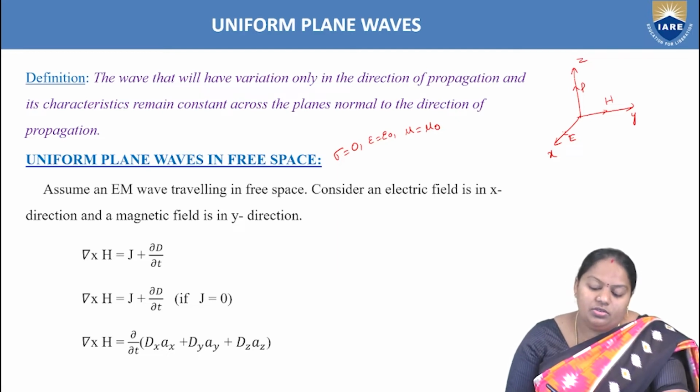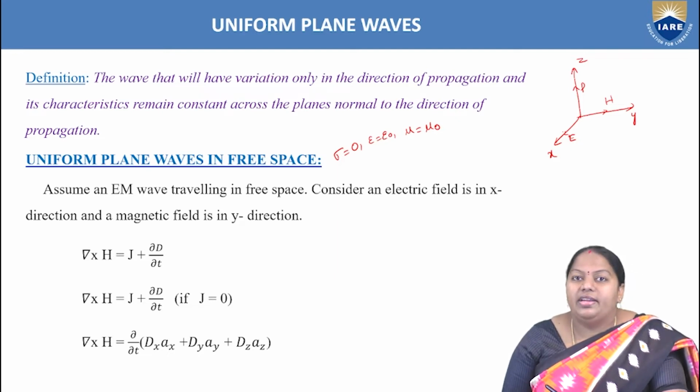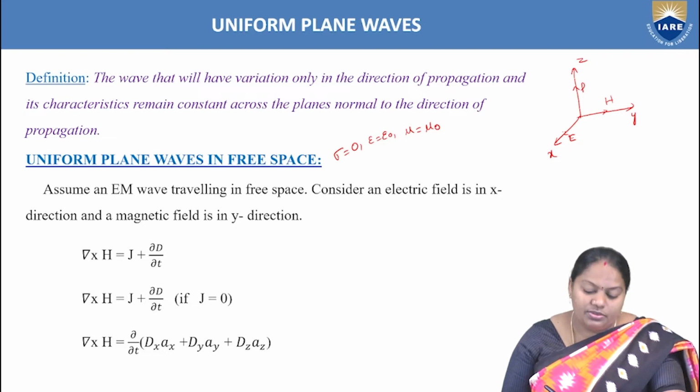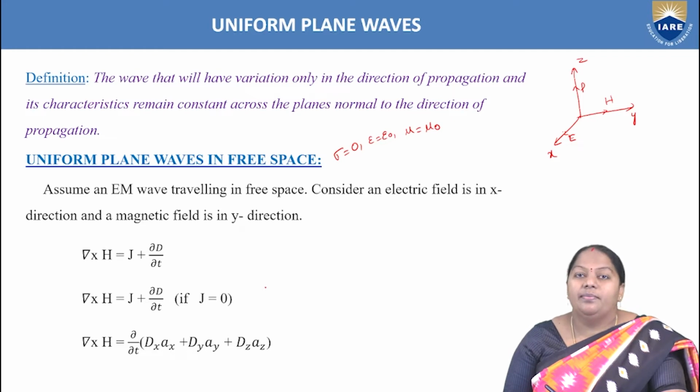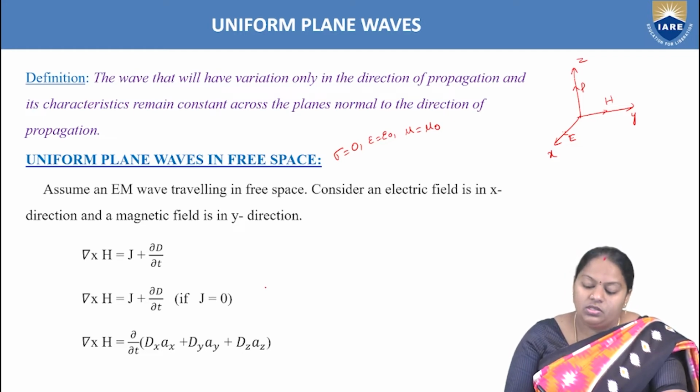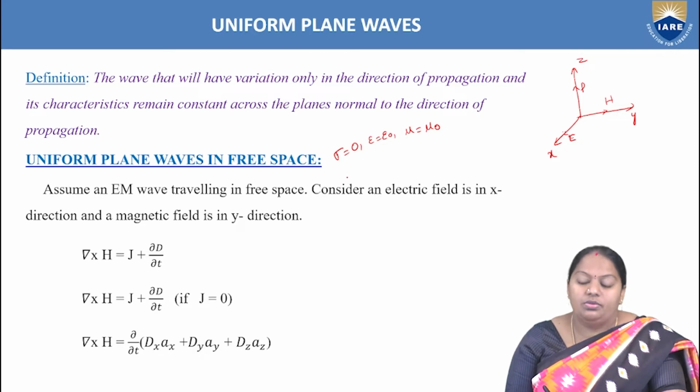Initially, to derive the relation between E and H, we need to know the characteristics of uniform plane waves propagating in the free space medium. Sigma equals 0, since the conductivity of free space is 0.